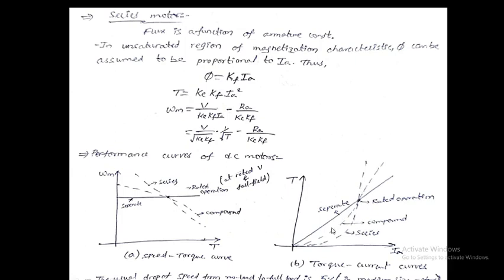In between, you will get the compound characteristics. The usual drop of speed from no load to full load is around 5% in medium sized motors. There is generally a 5% drop that we can notice from no load to full load.